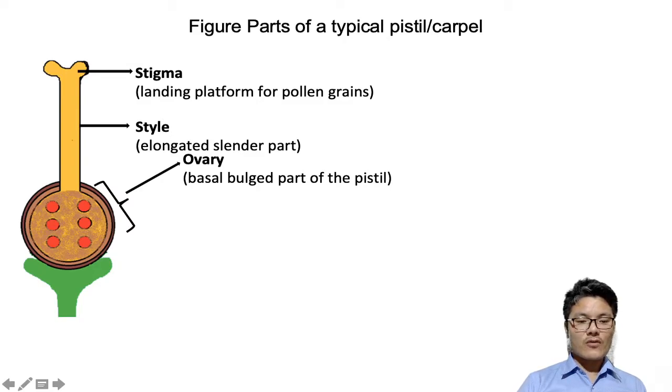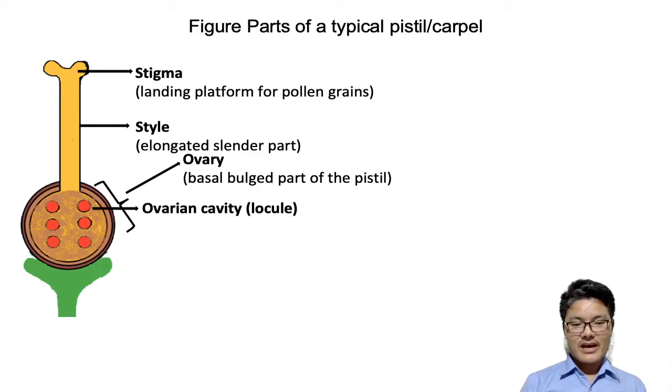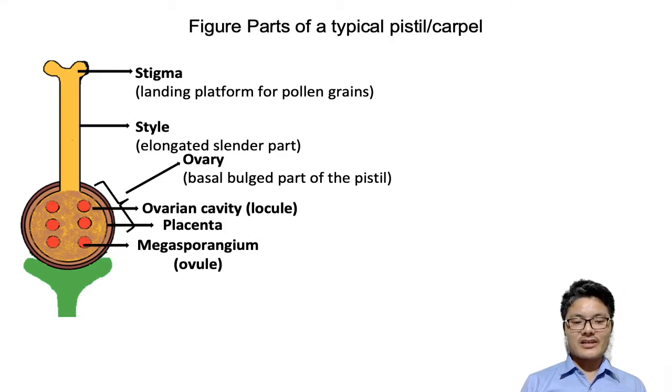Now inside the ovary we have the ovarian cavity, a hollow room-like structure or a hollow chamber. It is technically called locule, and the locule is enclosing the placenta to which ovules are attached. Ovule is also known as megasporangium.